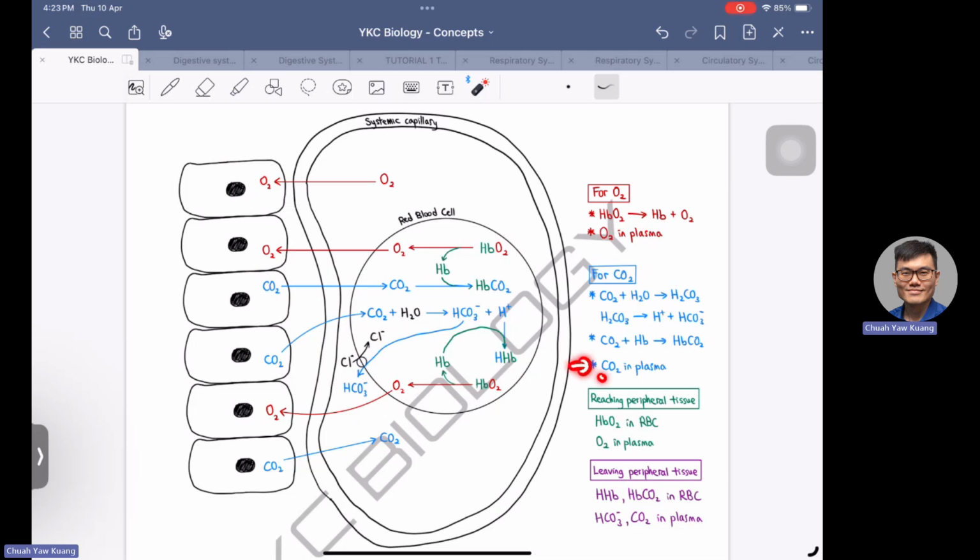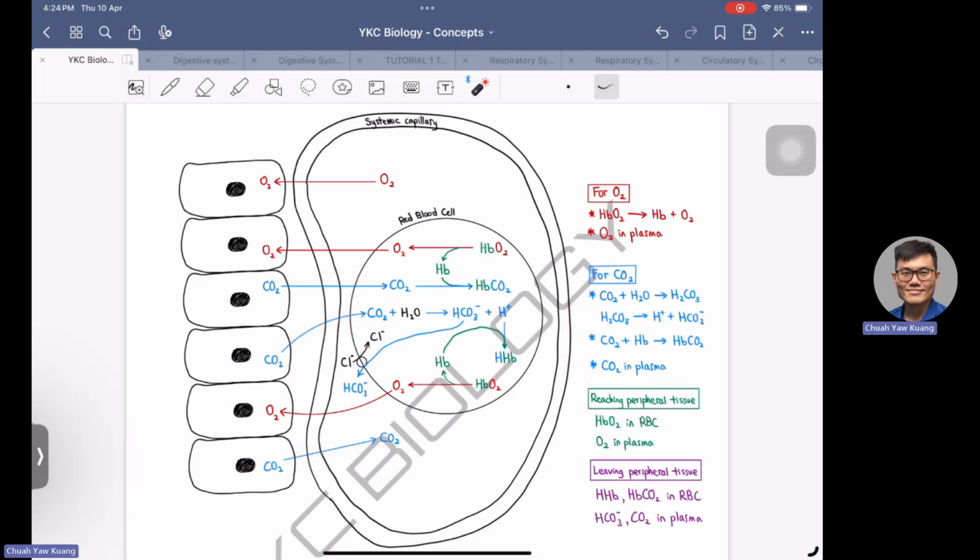And lastly, the third pathway: some of the carbon dioxide, after diffusing into the plasma, will stay as the carbon dioxide molecule in the plasma and be carried to the lung. So with these three pathways, the carbon dioxide is loaded into the blood and carried towards the lung.